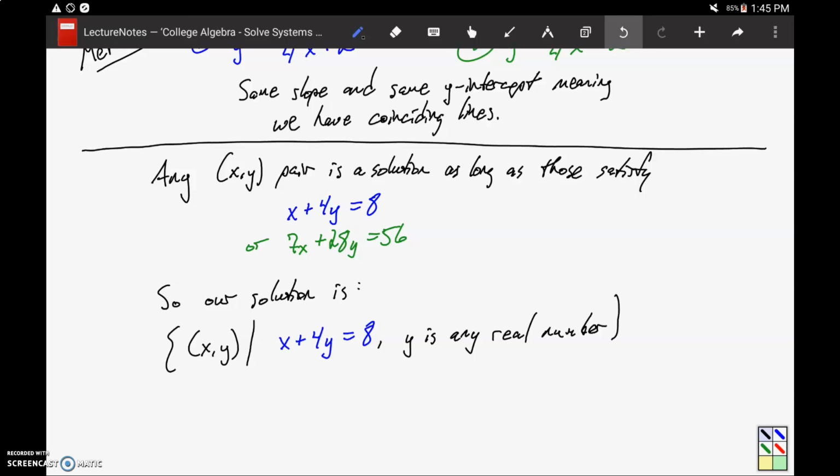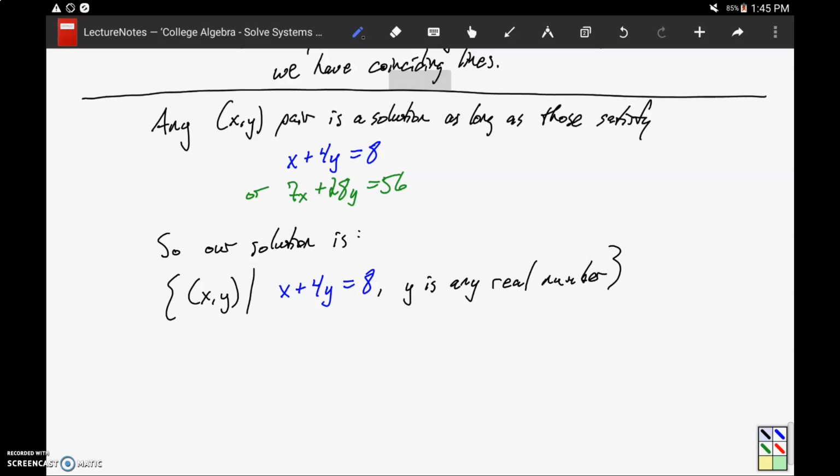So essentially meaning y can be any value that we want, and then x is going to be determined by this relationship x plus 4y is equal to 8, which is given to us by equation 1.